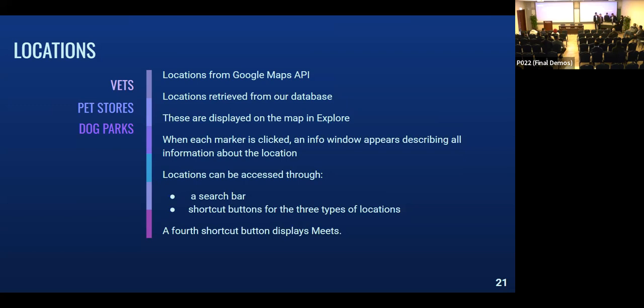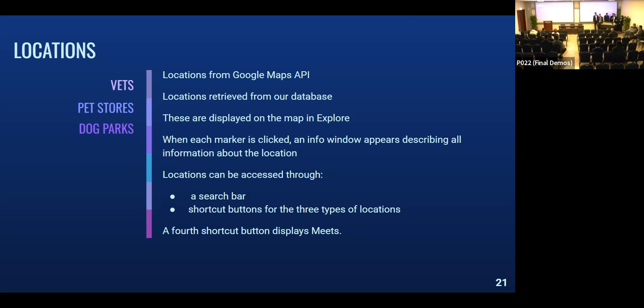These locations are displayed on our Explore page on the map in the shape of markers. They're displayed on the map according to their coordinates, according to their actual locations. And when each of these markers is clicked, an info window appears displaying all the information of this location. Type, its address, and any available contact information.